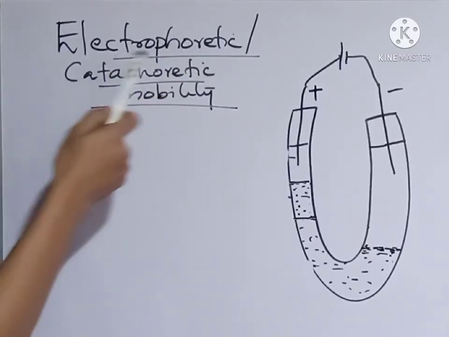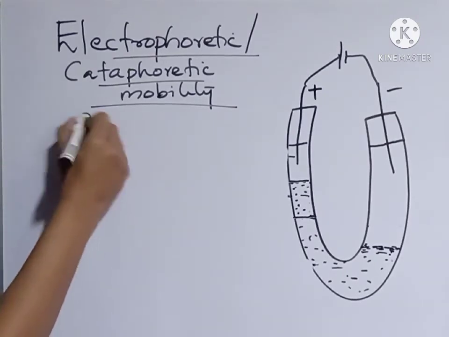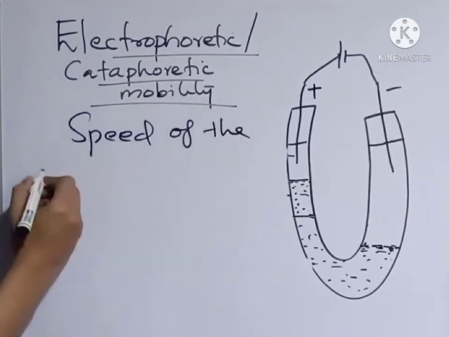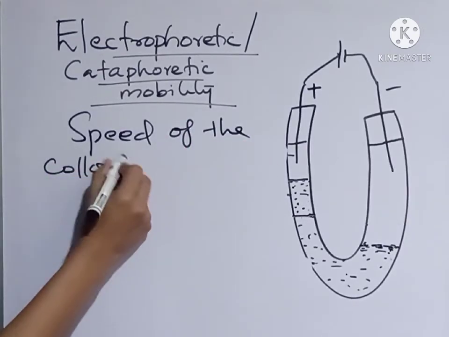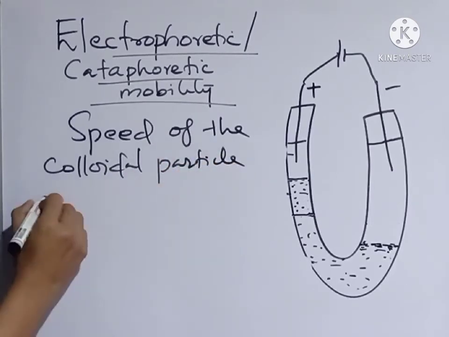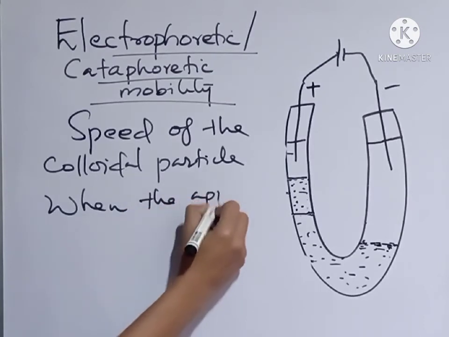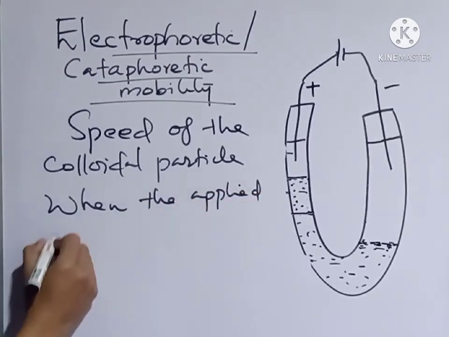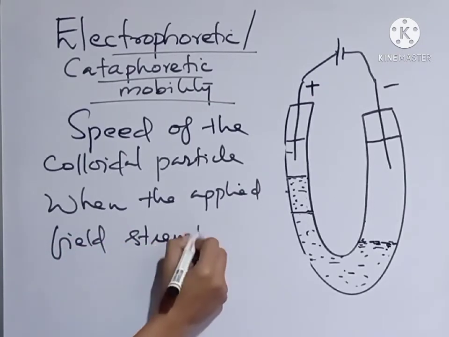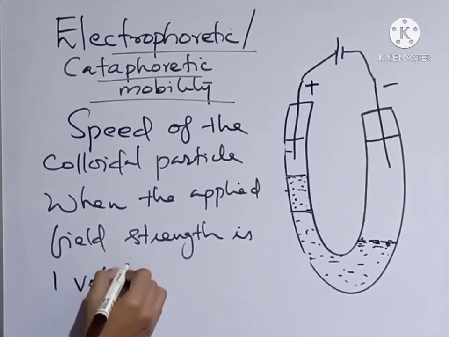It can be defined as the speed of the colloidal particle when the applied field strength is 1 volt per meter.